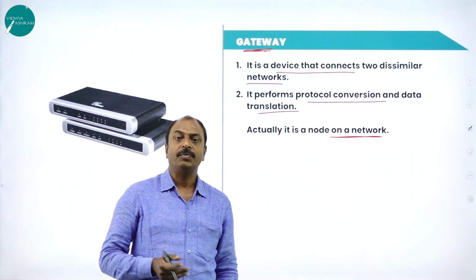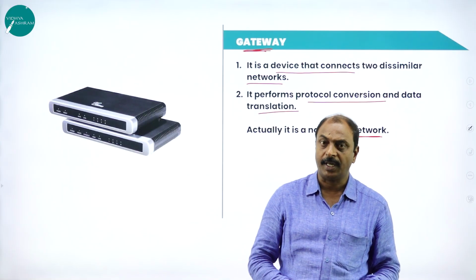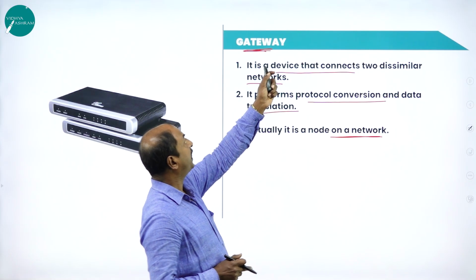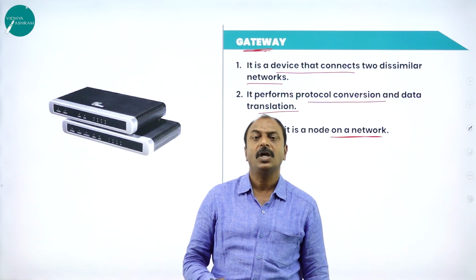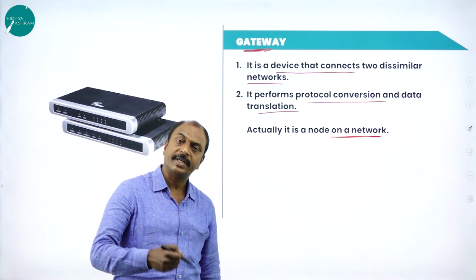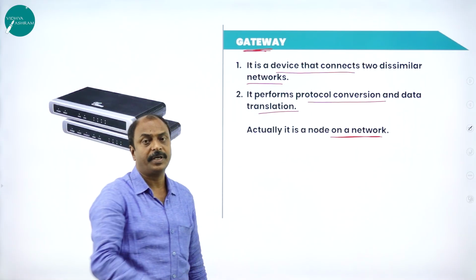Any data coming from outside the network to a company has to pass through this gateway, and any data or message going out of the network or outside the company also has to go through this gateway.